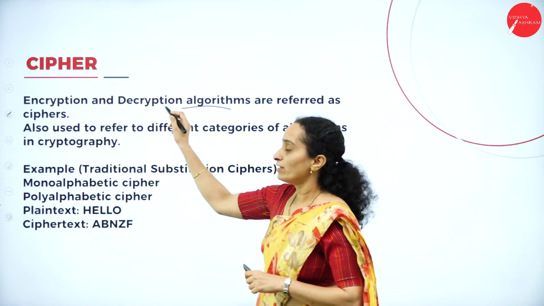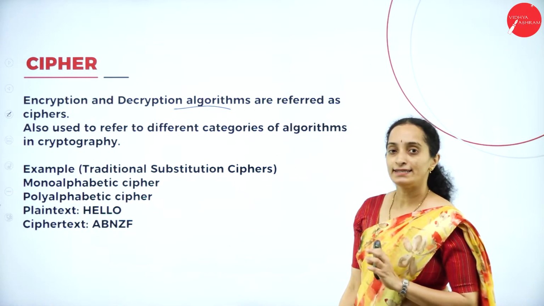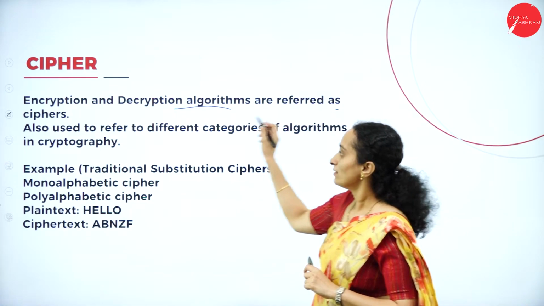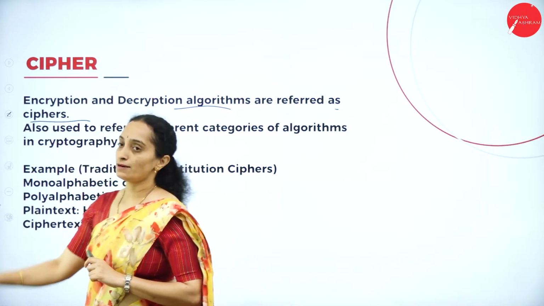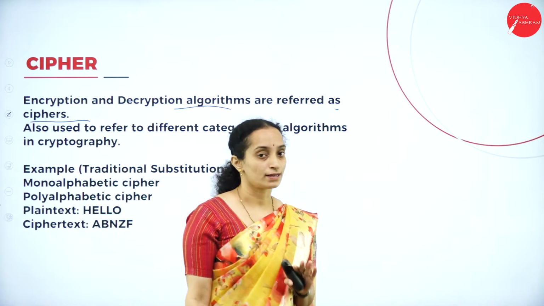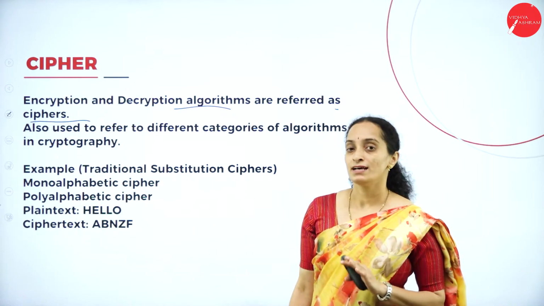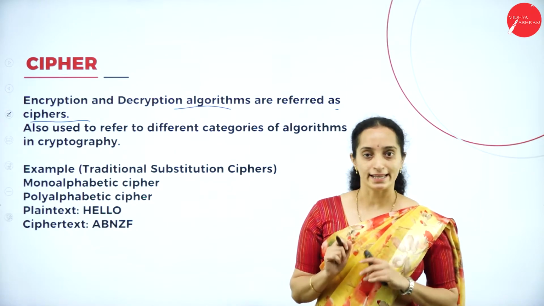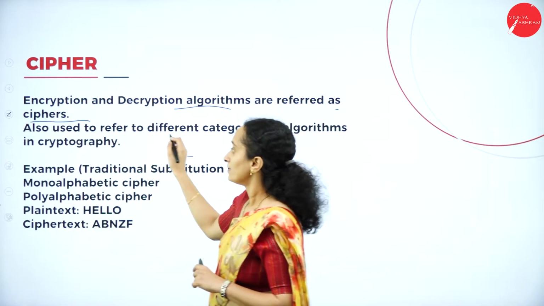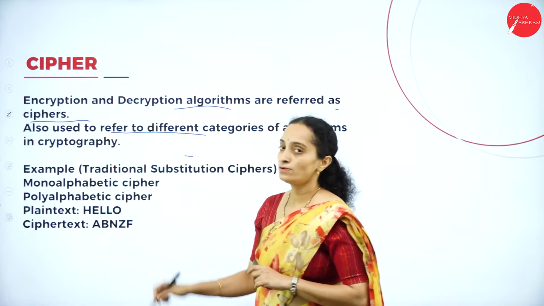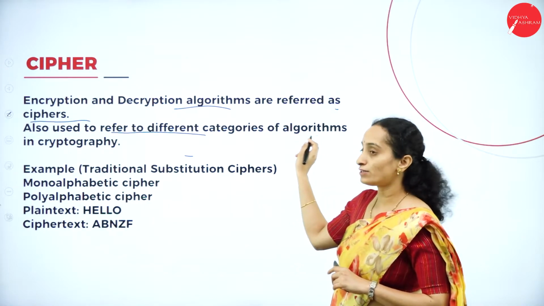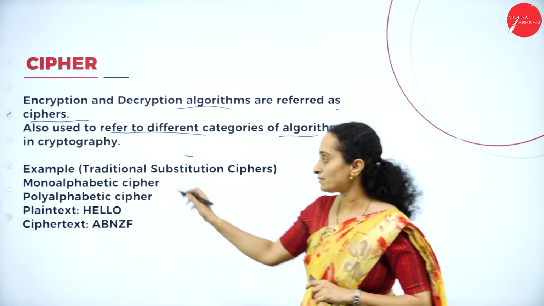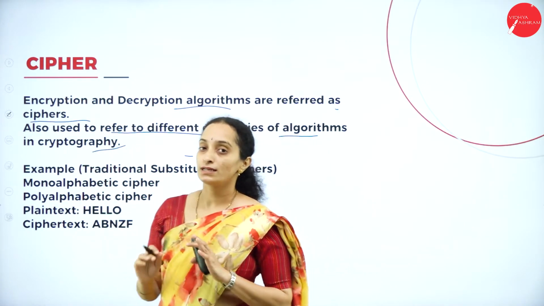We use encryption and decryption algorithms, which can be termed as ciphers. Algorithms are the ciphers which perform the encrypting as well as decrypting work. Ciphers are also used to refer to different categories of algorithms which are used in cryptography.